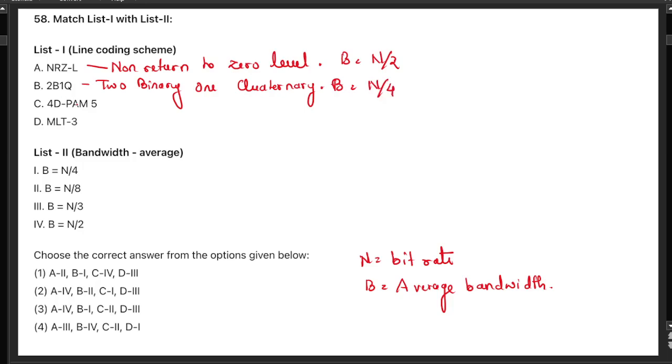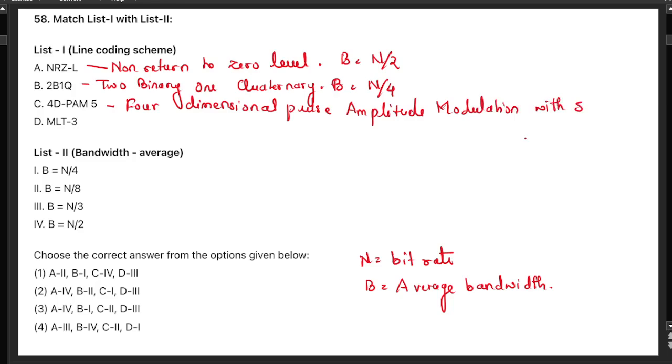If we talk about 4D PAM 5, this is 4 dimensional pulse amplitude modulation with 5 levels, and this scheme comprises the bandwidth of N by 8.